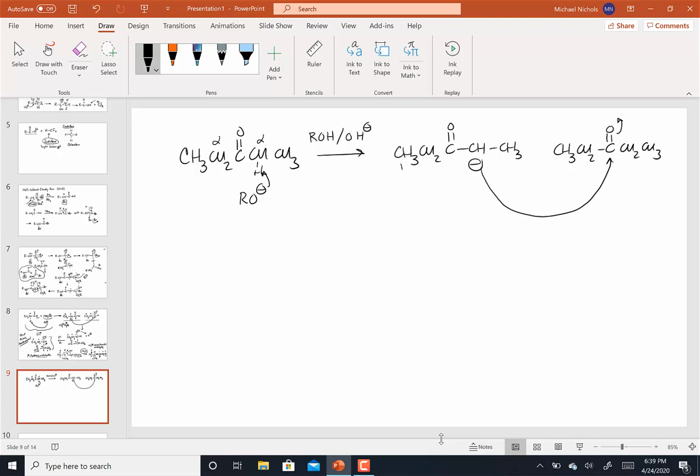So maybe 1, 2, 3, 4, 5, and over here, there are going to be too many 3s and 4s and 5s, so let's just make it 6, 7, 8, 9, and 10. So that C minus is going to react with the carbonyl, which is 8.